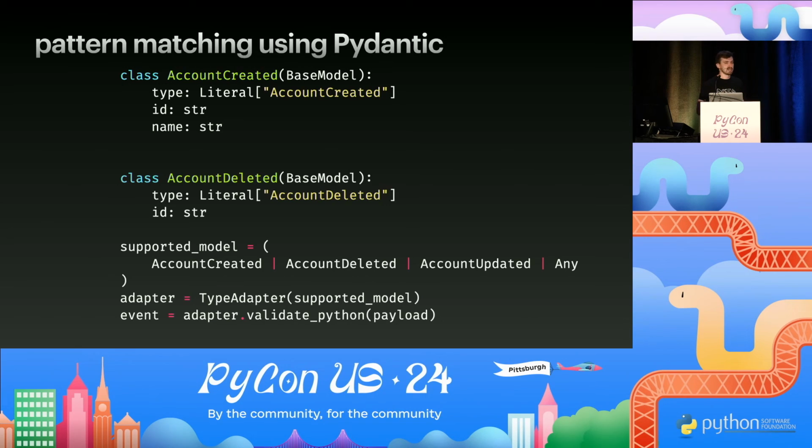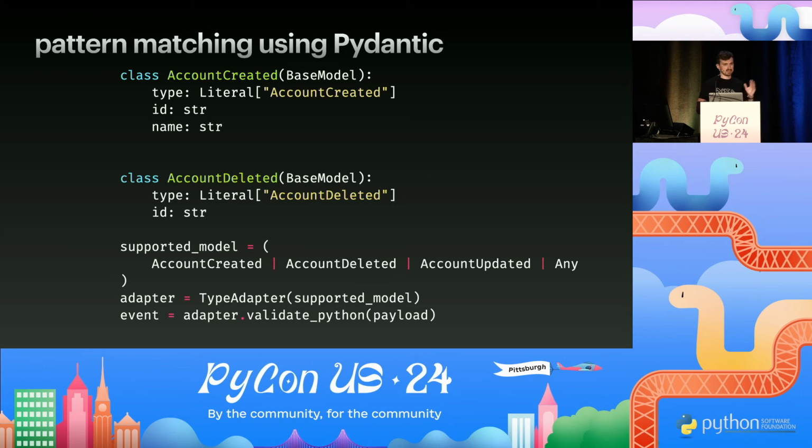Read about Pydantic union discriminators if you are to use it in production, because there is a slight optimization that will make this run faster, because in this implementation it will just try these one by one. And if we specify this union type discriminator, then it will just look in this type field, and this should work faster in general. And the other thing is that unions in Pydantic, this behavior can be customized.